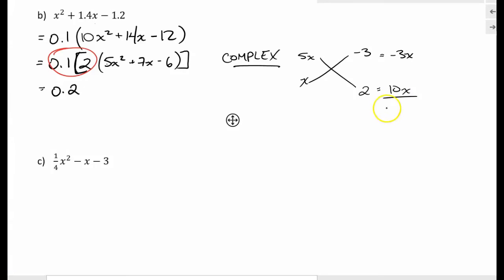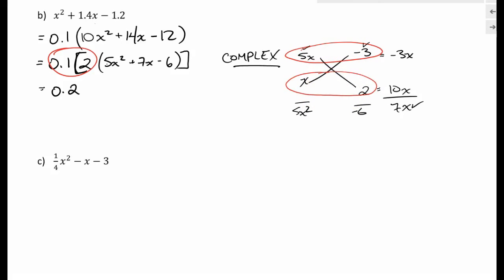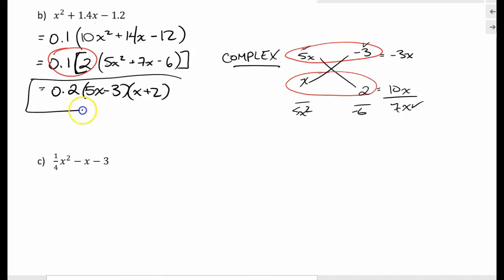So it gives me my middle term. This does in fact give me 5x squared. This gives me negative 6, so that all works out. That means that this is one bracket, this is my other bracket. Okay, and that would be my final answer.